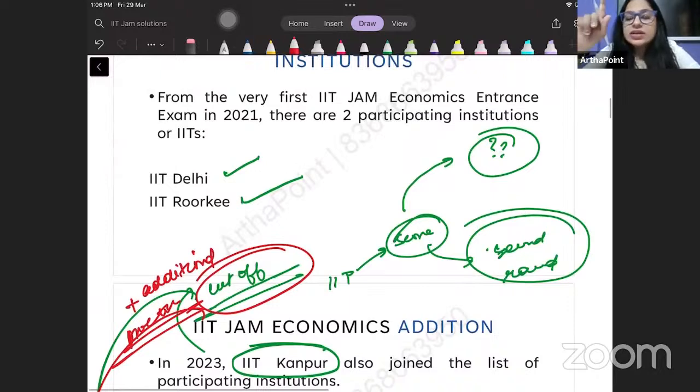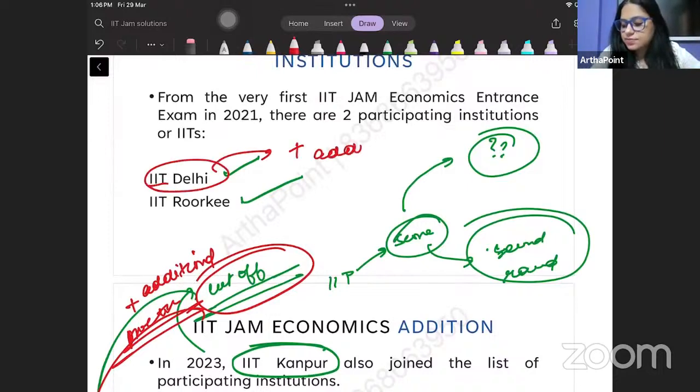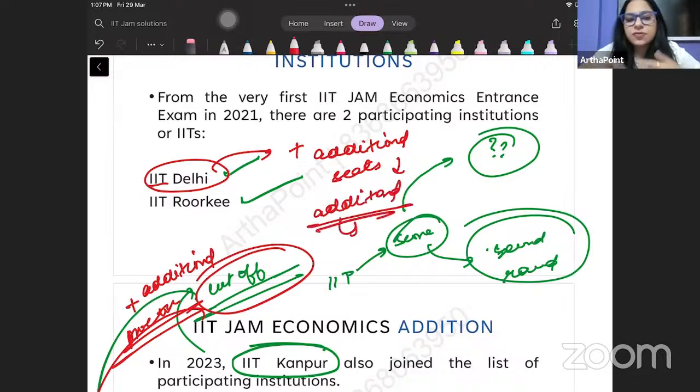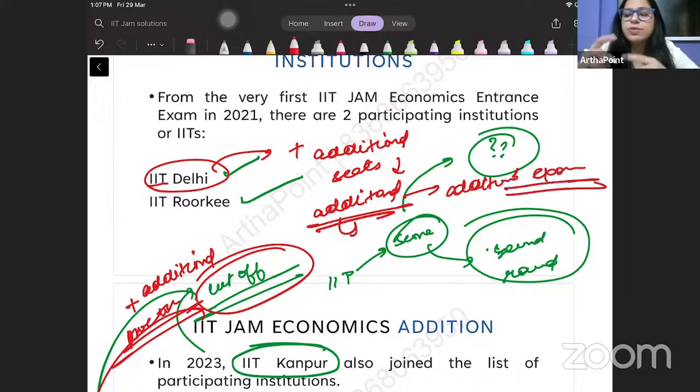Additionally, beta, this is not permanent, but IIT Delhi can also launch additional seats and take admission on the basis of those extra seats. For those extra seats, IIT Delhi can take an additional exam, again for which you have to prepare separately.